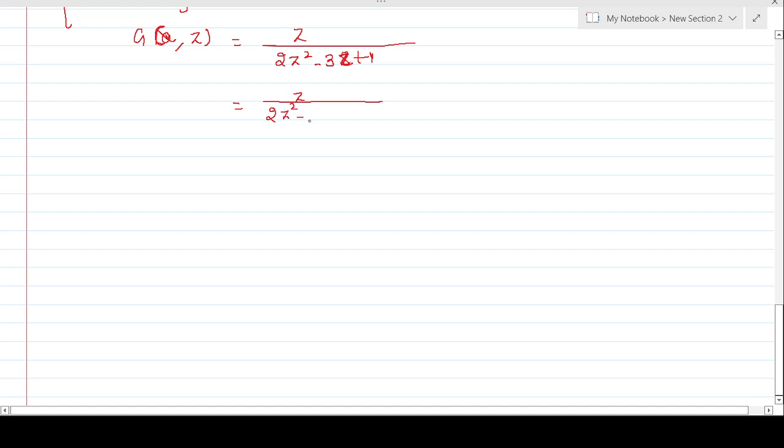2z square minus 2z minus z plus 1. So what it is, z by, take 2z common from here into z minus 1, take minus 1 common into z minus 1.